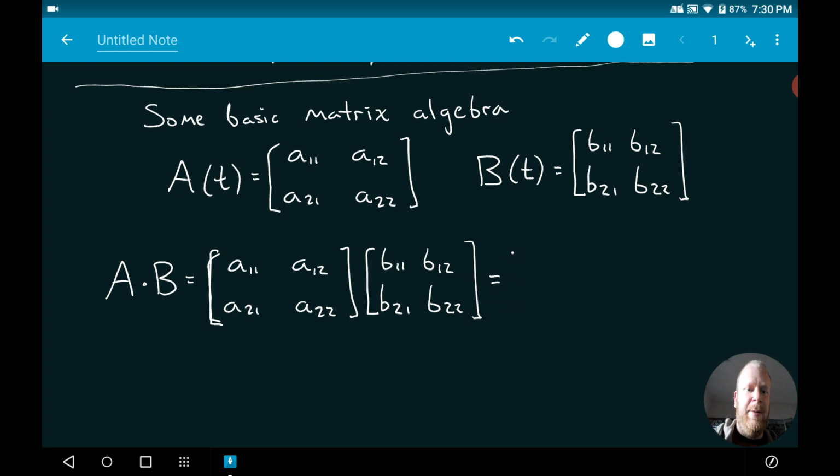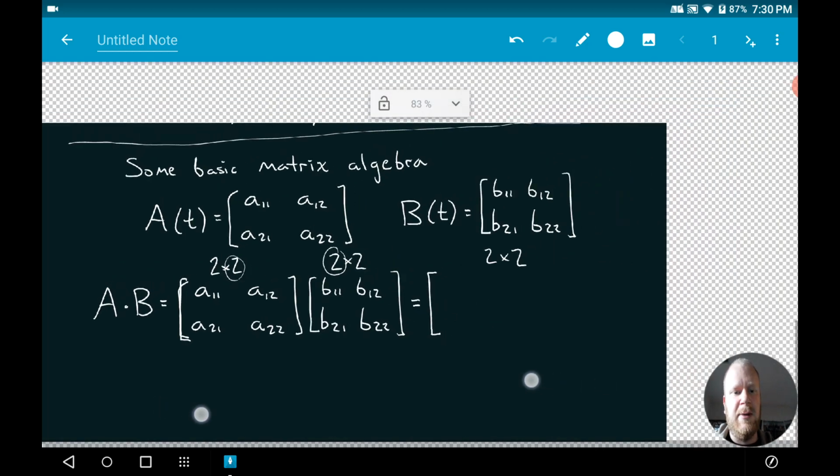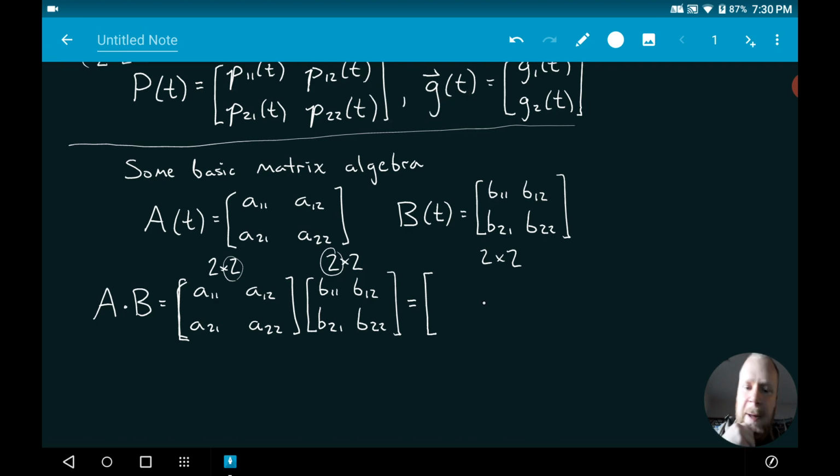So this is going to result, let's see, we're multiplying a 2 by 2 matrix by a 2 by 2 matrix. So for the dimensions, there's not a whole lot of options, but you can think about these two dimensions are going to determine the dimensions of the resulting matrix when we multiply these two together. So it's going to be 2 by 2.